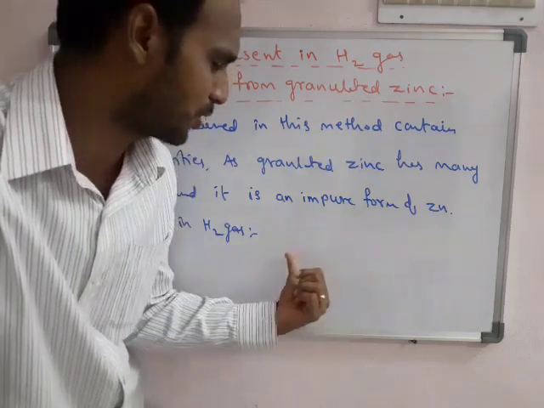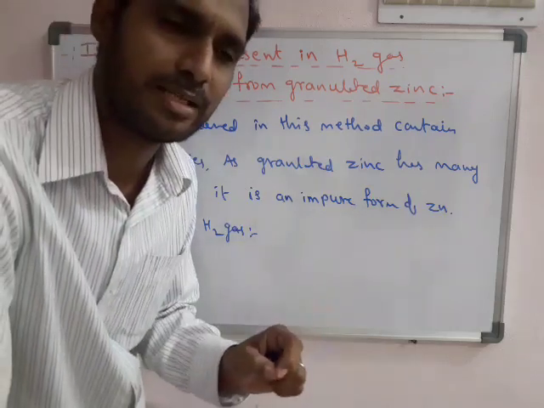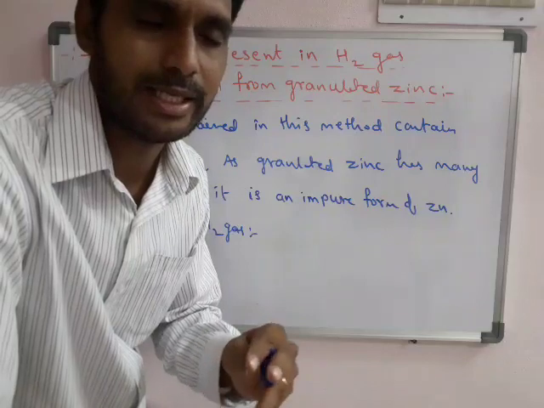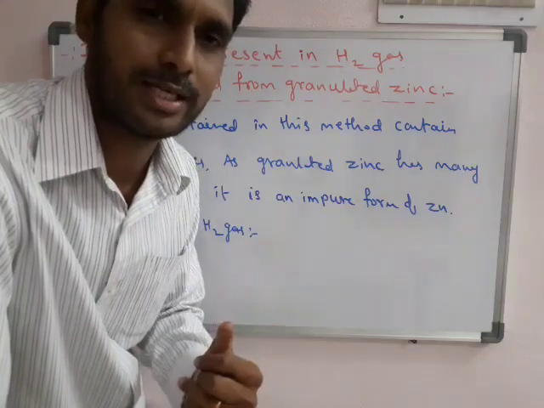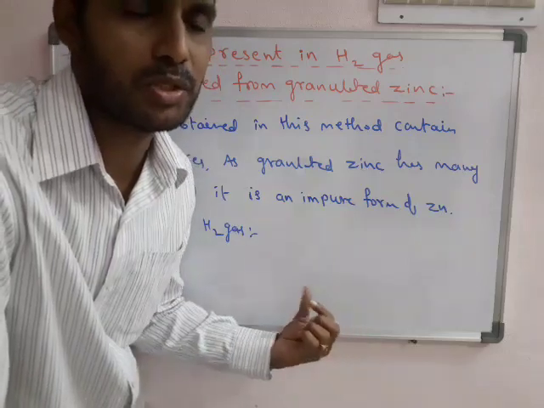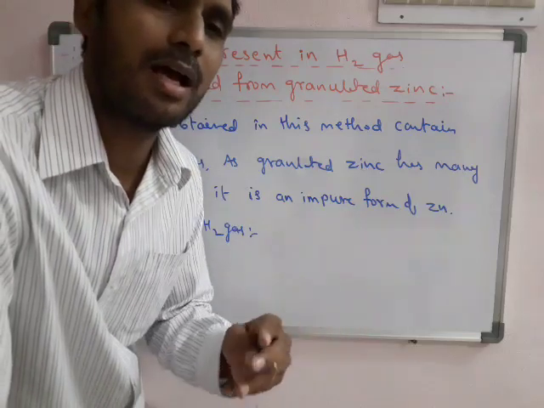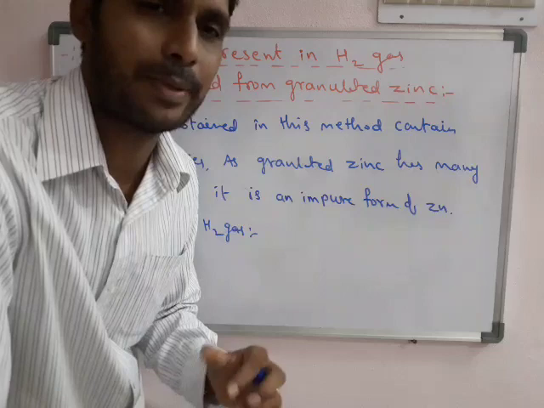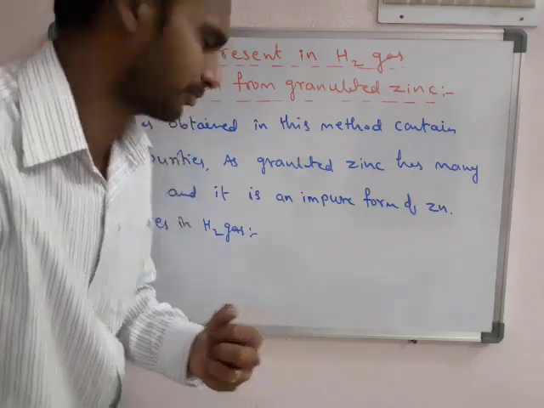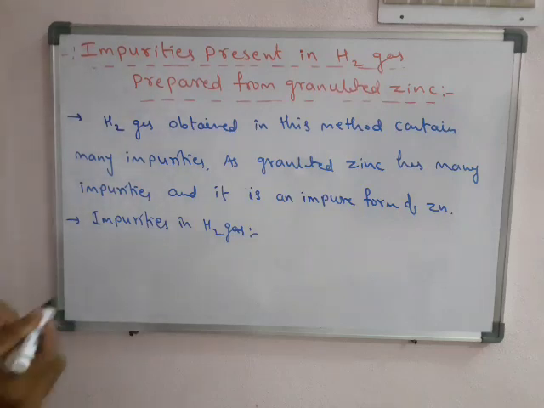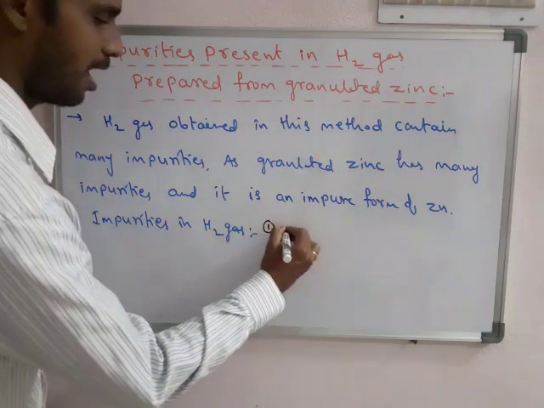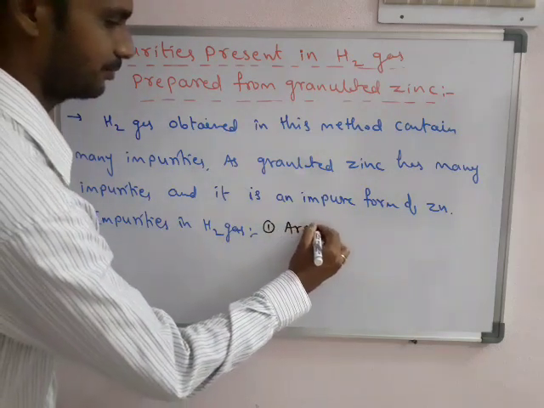Actually, H2 gas is an odorless, colorless gas, but due to the presence of these impurities, a bitter odor is obtained. The impurities observed in the hydrogen gas are arsine.